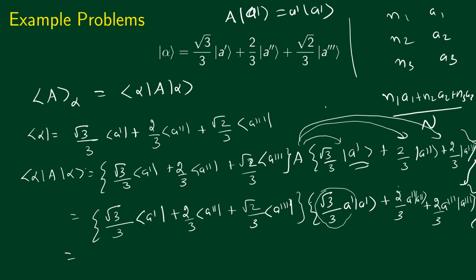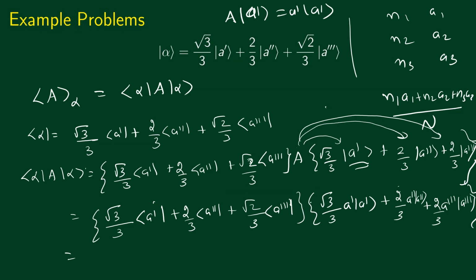All right, so this is a number, so we can combine this bra with each of the kets here. I can combine bra a' with ket a', with ket a'', and with ket a''', but only one of them is non-zero because of orthonormality.